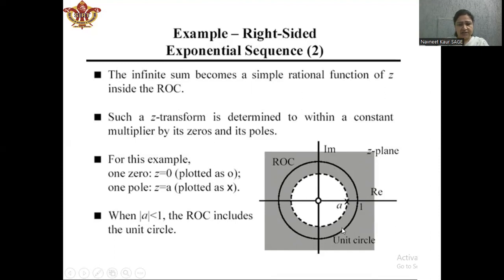So I'll draw a circle which will have a radius of a. Now, as ROC says that z is greater than a, my ROC will include this region which is shaded gray here. So ROC will be the outside of this circle which has a radius of a. So we will get the ROC which will include the unit circle if a is less than 1.